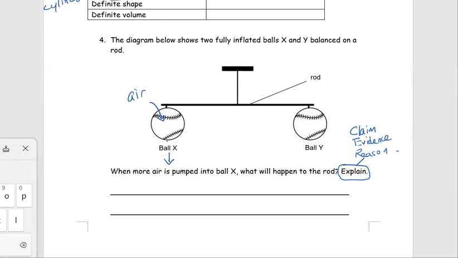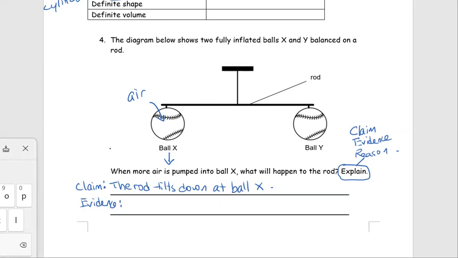All right, so I will just say the rod will tilt down at ball X. That is my claim. So what is my evidence? What did I see so that I know that it will go down?